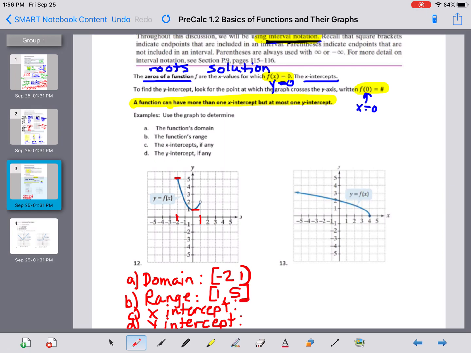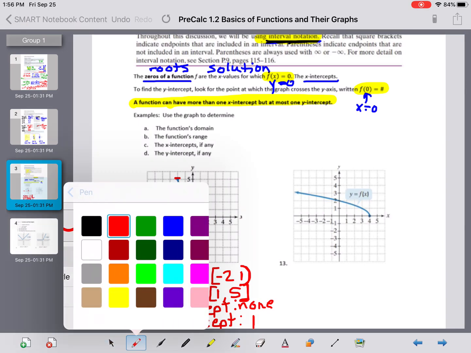For the x-intercept, where does it cross the x-line? It doesn't, so that's none. The y-intercept, where does it cross the y? It looks like it crosses the y at the y value 1. Again, if you want to write that as an ordered pair, you can. You don't have to, so it's your choice how you want to write that one.